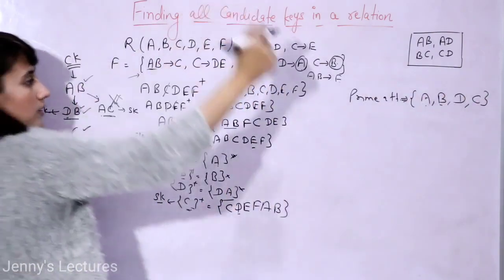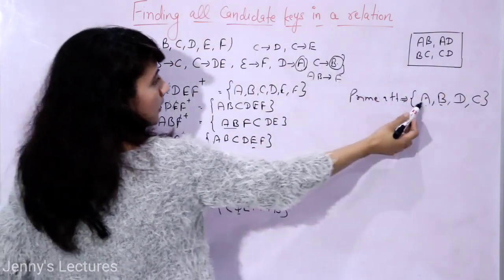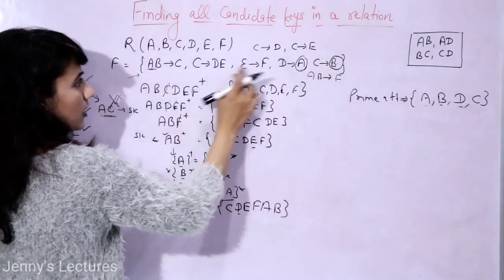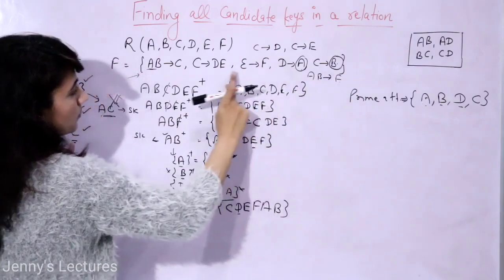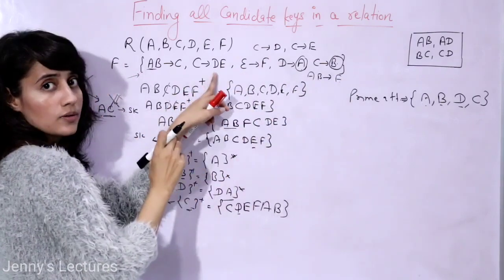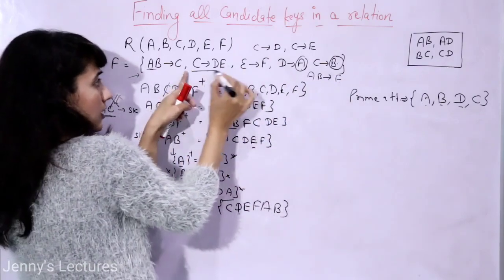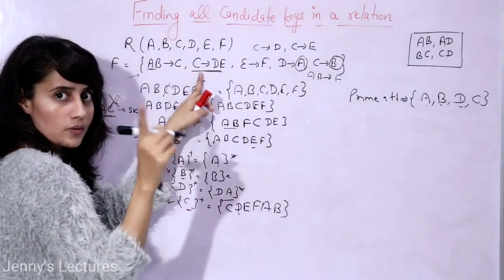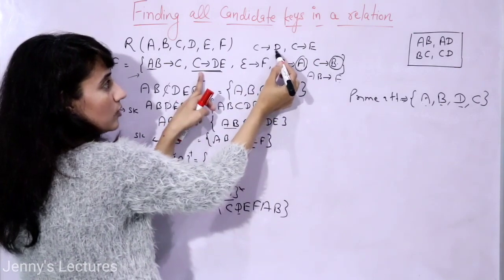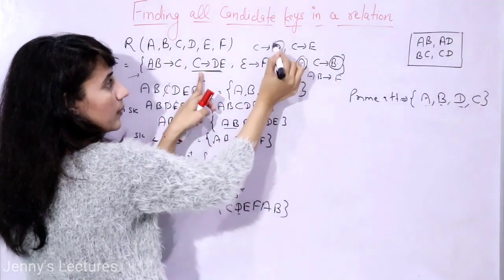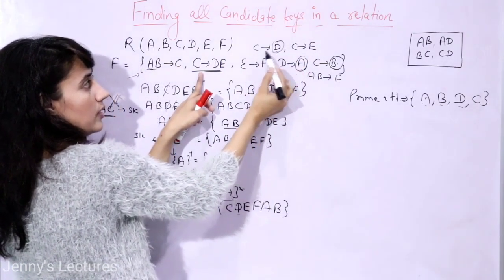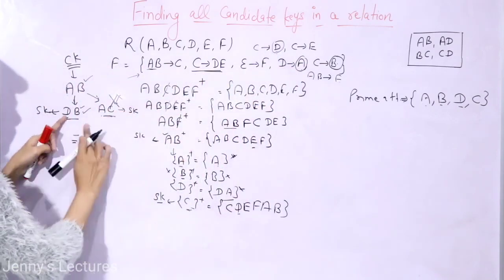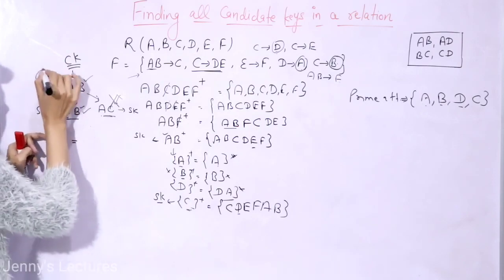Now check. We have taken A and B. Is D present on the right hand side of any functional dependency? Yes. C determines D, C determines E. So D is present on the right hand side of this functional dependency, which means in place of D you can replace C. So here we have D, and C is also a candidate key.